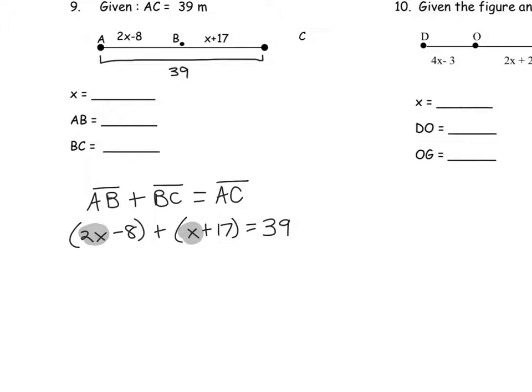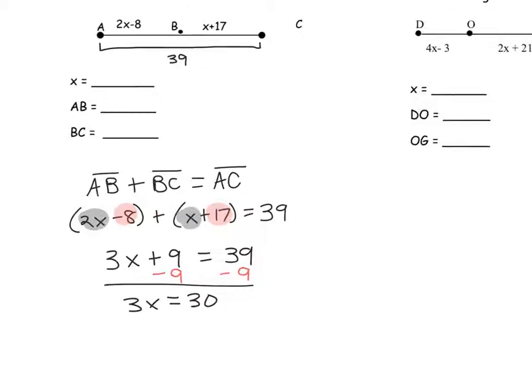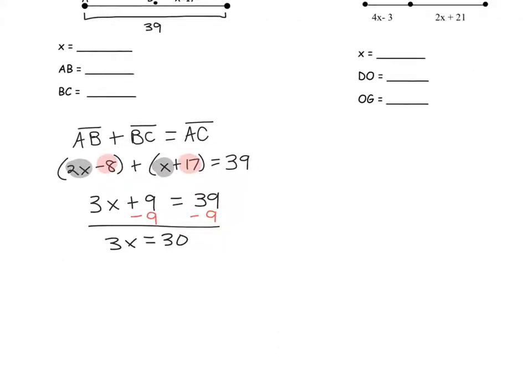So I'm going to combine these two terms and these two terms because they are on the same side of the equation, giving us 3x plus 9 equals 39. Inverse operation, 3 times x equals 30. One more inverse operation, divide by 3 on both sides, and we get x equals 10.